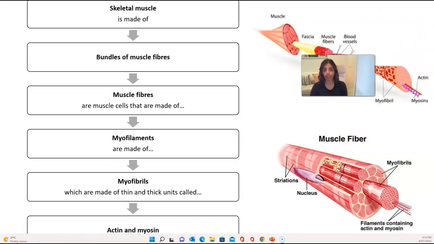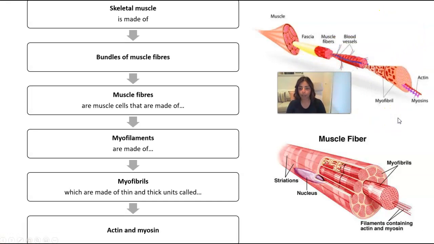Alright, so that's a lot to take in, so we're just going to recap again on what we've learned so far. We know that skeletal muscle is made up of bundles of muscle fibers. So here we've got skeletal muscle, and we can see within that are these bundles of muscle fibers.